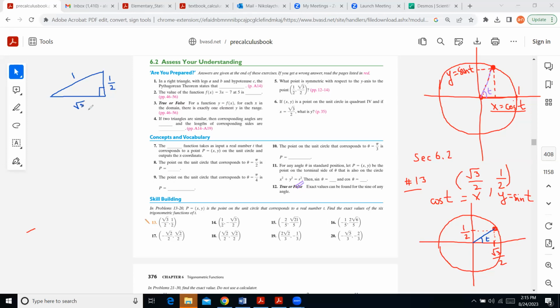And if I attach another triangle of the exact same size, so this is also going to be a half, then I'm going to end up with a triangle with equal sides, right? Because here we have a half and a half. If I put them together, half and a half is going to be 1. So we end up with an equilateral triangle.